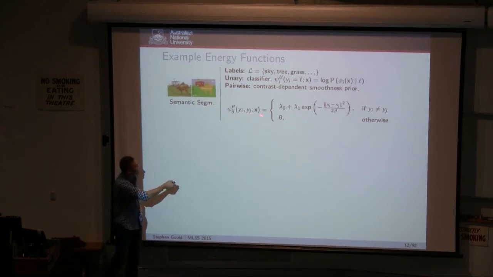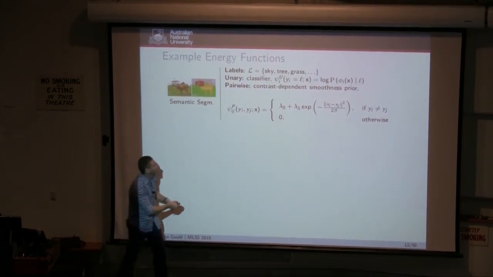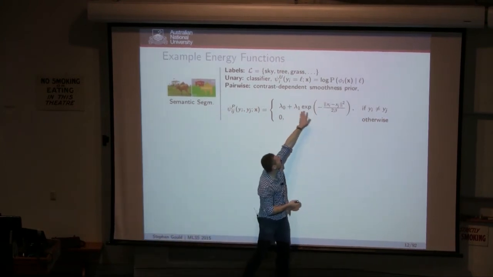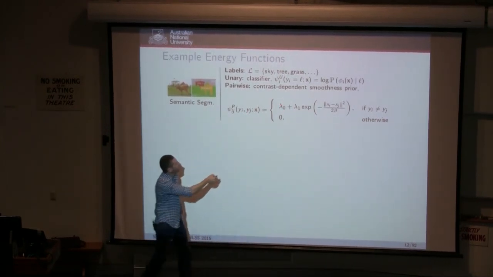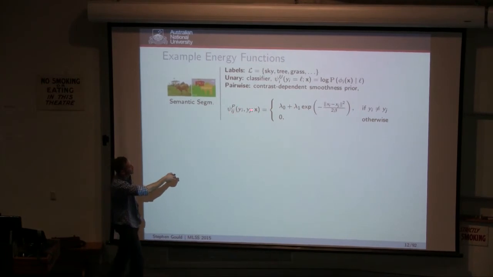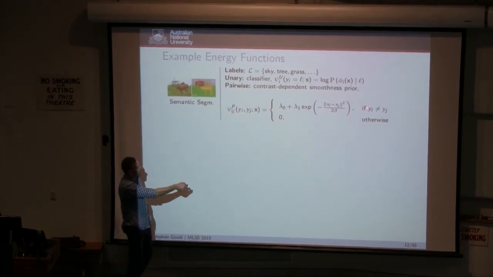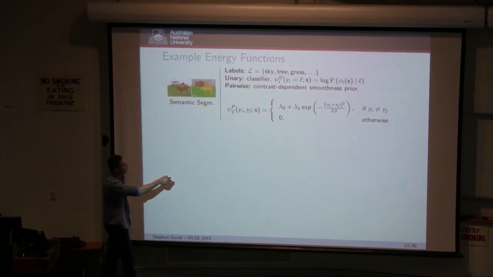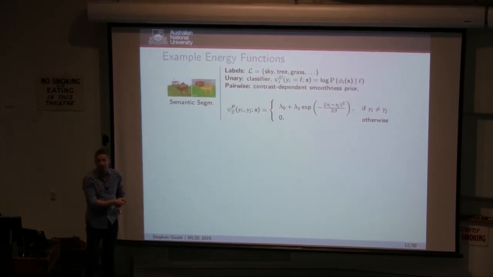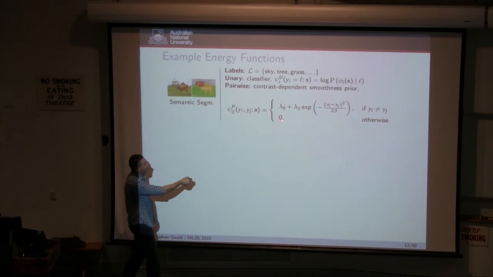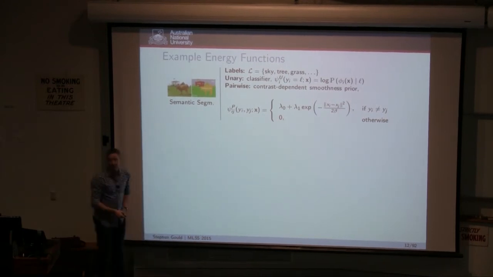And so we have these contrast-dependent pairwise terms, which, if we just ignore this contrast term at the moment, so just look at the first part, what this says is that if the 2 variables take on different labels, so if yi doesn't equal yj, then you pay this penalty term lambda 0, okay? Otherwise, you pay nothing, right?